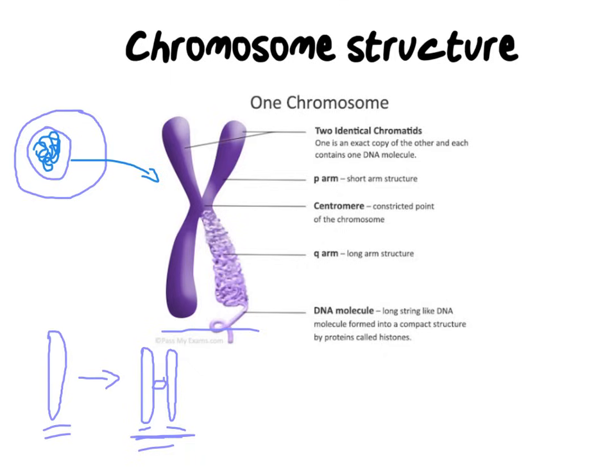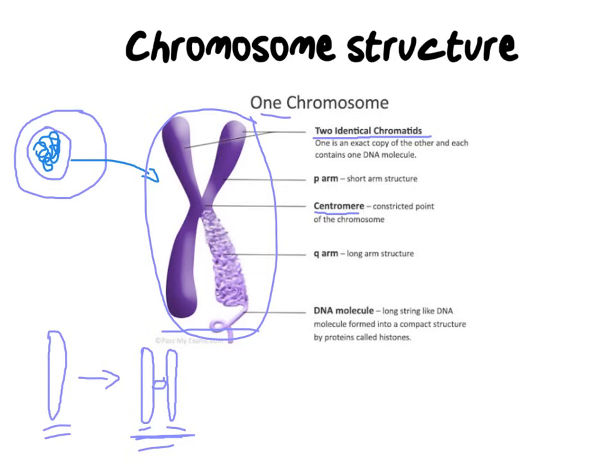Instead, we've taken one chromosome and turned it into two identical chromatids, because one side of the chromosome is identical to the other. Attaching our chromosome together in the middle is a centromere, and that holds the two chromatids together. And so, when we refer to this doubled chromosome, we refer to it as one chromosome.